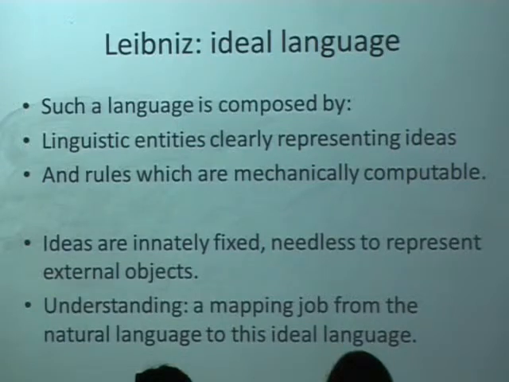Another example is Leibniz. Leibniz believes that there should be an ideal language, composed of linguistic entities clearly representing ideas. So his idea is somehow different from the Schindler idea, the block word idea, because in that idea, if you define a block word, the meaning of the block word derives from the real block.